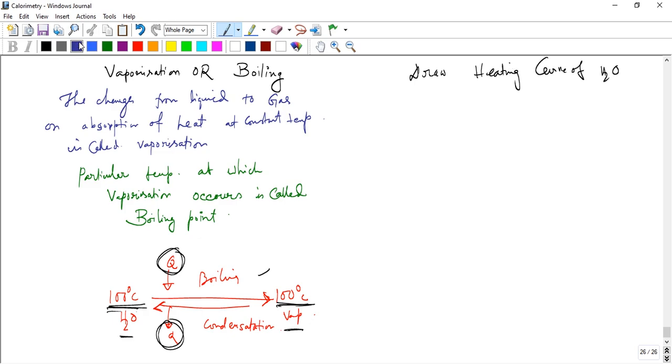We get that. Suppose here is the time, and similarly here is the temperature in degree centigrade. See that graph.